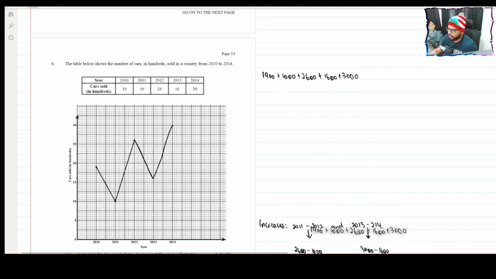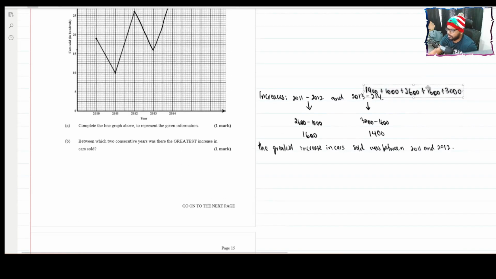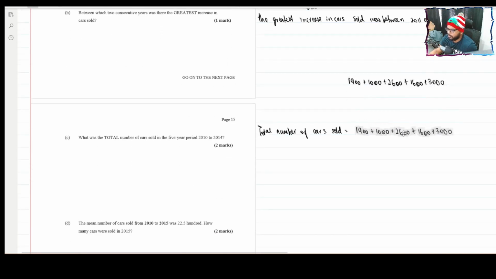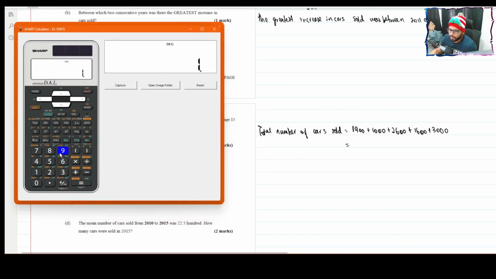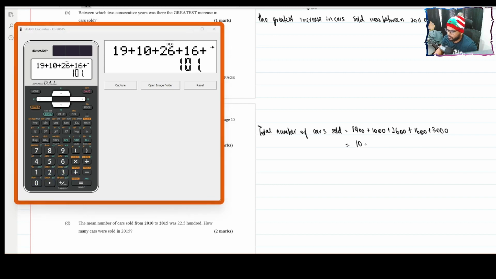Jump on the calculator. 19 plus 10 plus 26 plus 16 plus 30 is 101, so that's 10,100 cars.